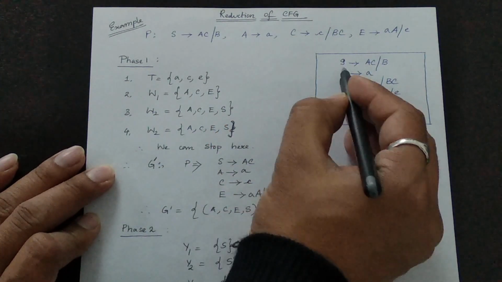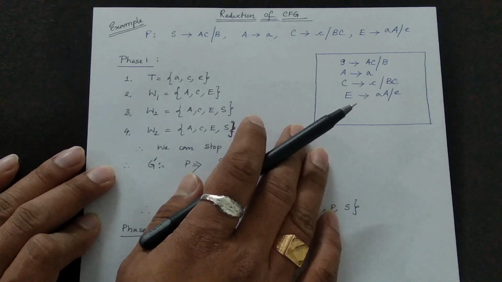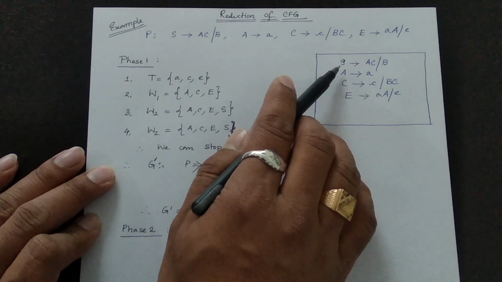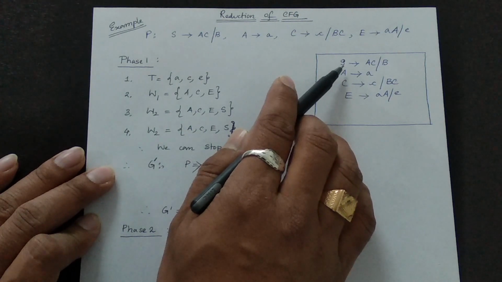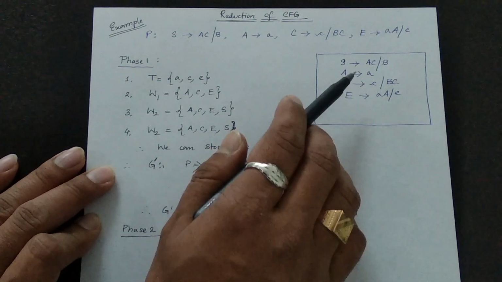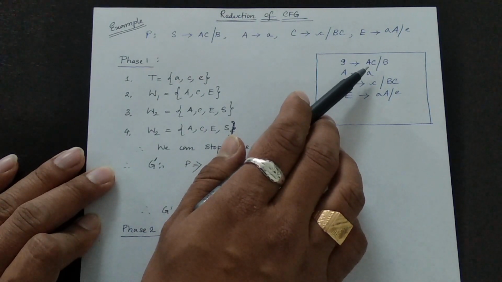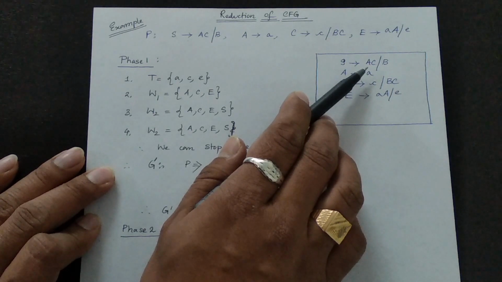Now, if you check, the first starting production is the main production, right? The starting production has two productions, that is S tends to AC and S tends to capital letter B. Now, my main target is to remove the non-terminal and to get a terminal, correct? That is your string.